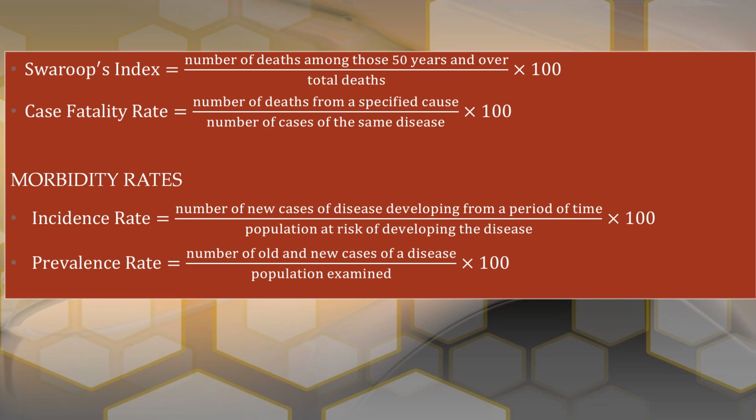So you would like to know for this specific period of time, like for a year, is there an increased incidence of dengue? We would like to know if the incidence rate of dengue is actually increasing over the years, because that means what we are doing to address dengue is not doing what it's supposed to do.